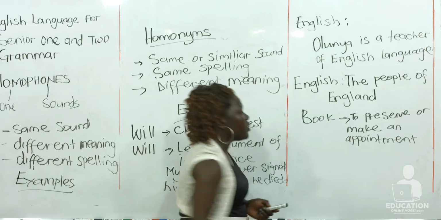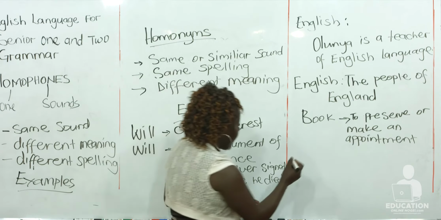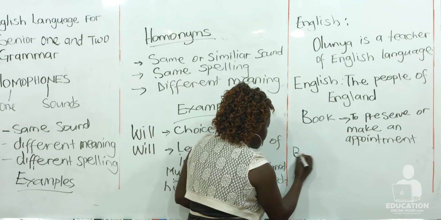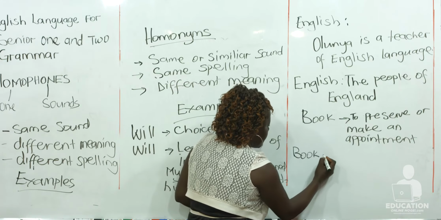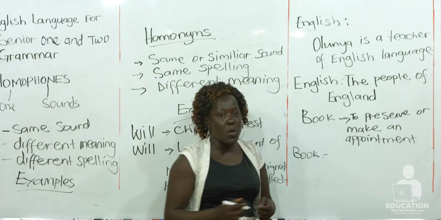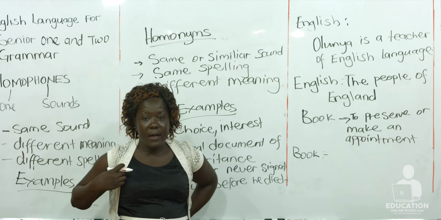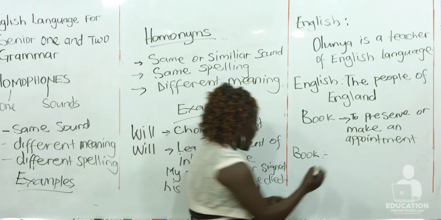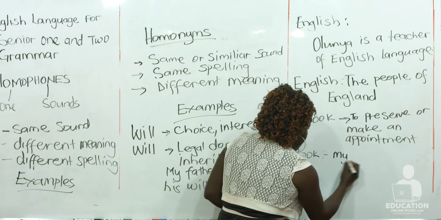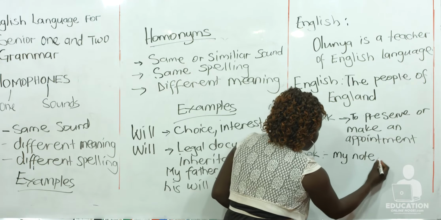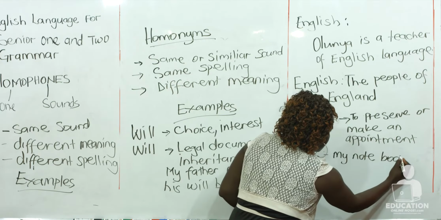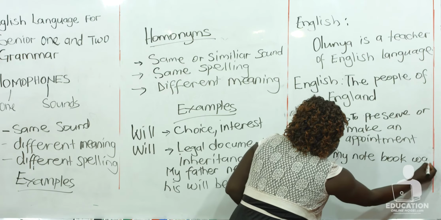Yet, you can still use this same word with different meaning. You can say book. Then this one is a piece of book. It's a piece of work. You can say, my notebook was stolen.